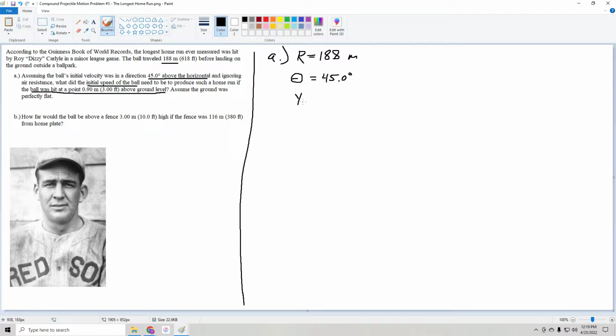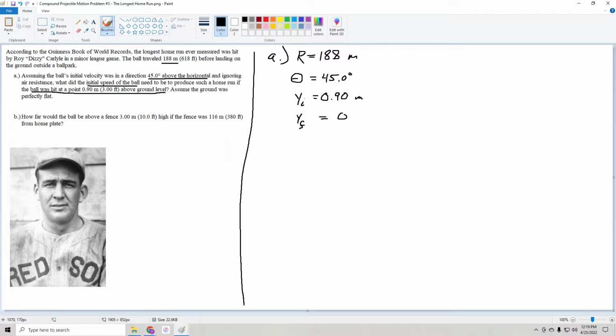The initial height is 0.90 meters. And I think we can also conclude that the final position of the ball, once it comes back down to the ground, should be 0. That's something we can surmise based on what's happening here, even though we're not explicitly told that.